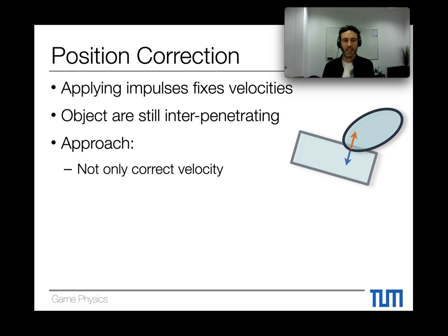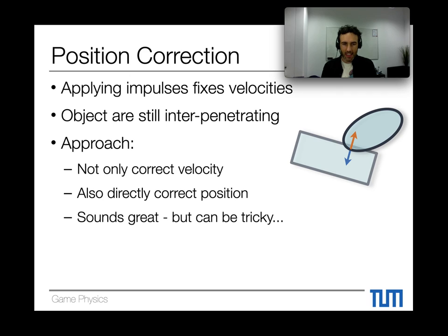In a way, the obvious solution is, well, let's not just correct the velocity, but also the configuration, the actual position of our bodies. Sounds great at first sight, but there are actually quite a few pitfalls with that, and that's what I want to discuss a bit in the next steps.